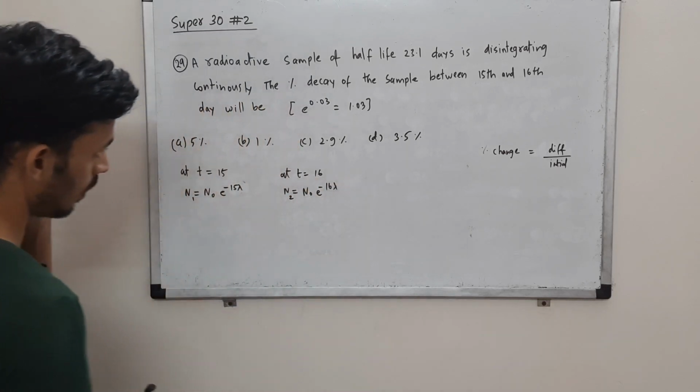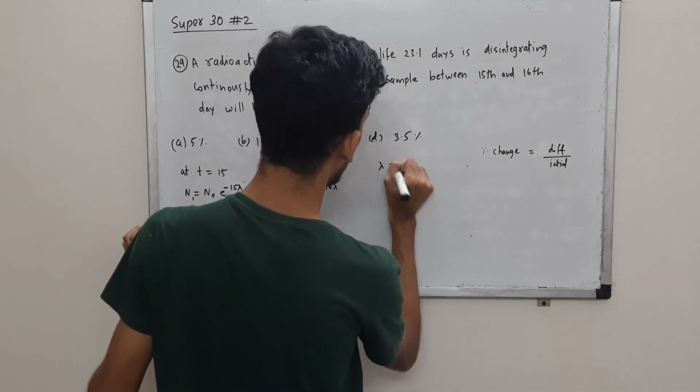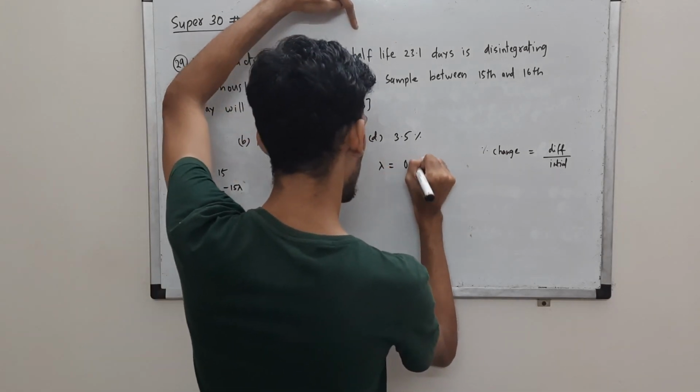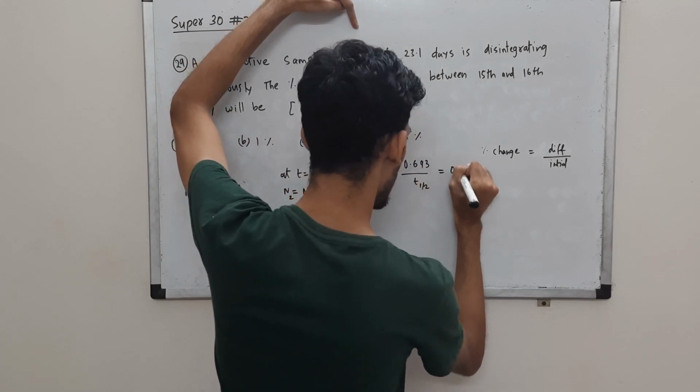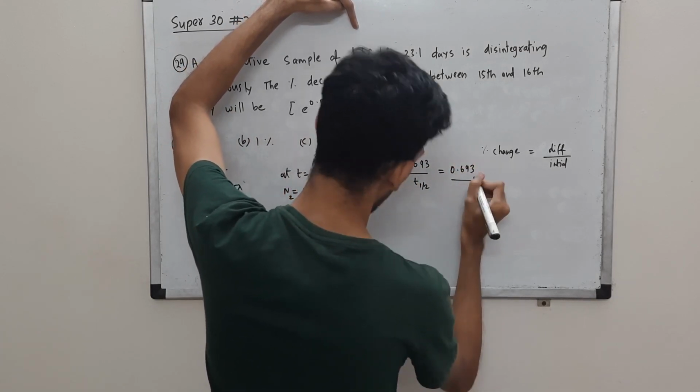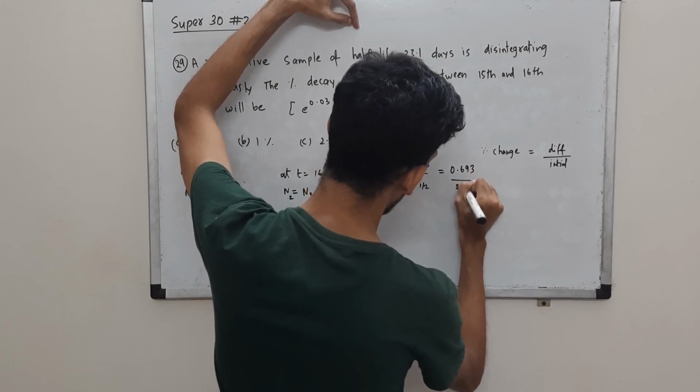Now lambda we can also find. Since they have given us the half-life, lambda is 0.693 by t half. So this will be 0.693 by 23.1.